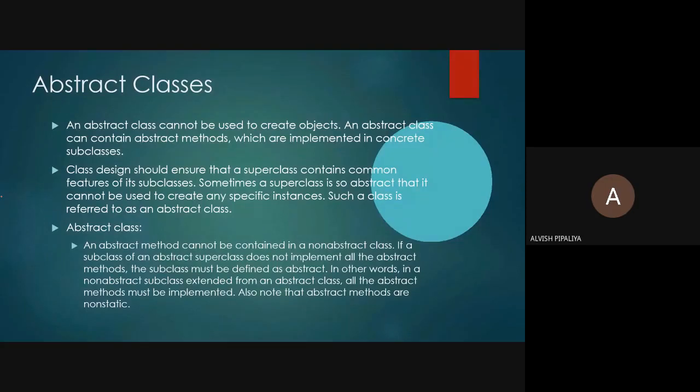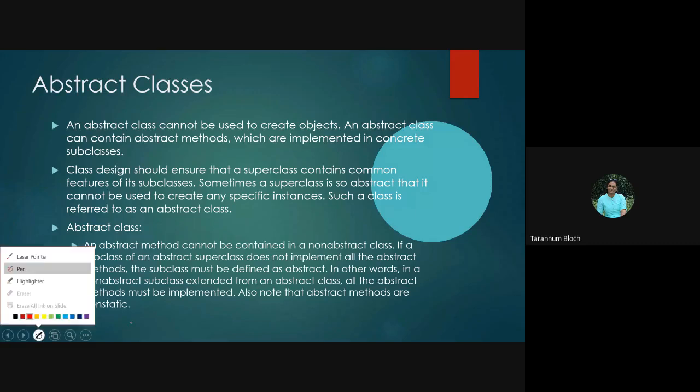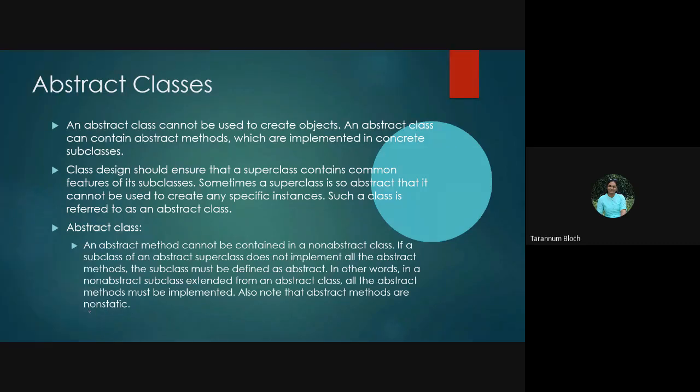Along with that, you have to note one important point: all abstract methods are non-static. Right? Okay. What we said is that a non-abstract subclass extended from an abstract class cannot be abstract.